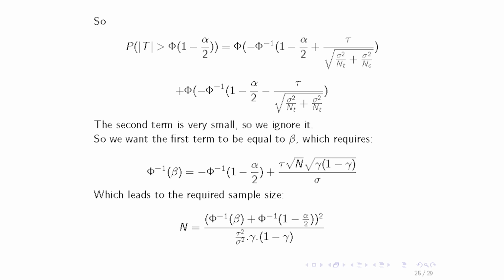And then this is just Phi of something equal to beta. So that means I can take Phi inverse of that to remove the Phi. So I have Phi inverse of beta equal to what's inside the argument of the Phi, which is what it is, plus this term rearranged as a function of gamma instead of N_T and N_C. And then this is just algebra, rearranging the terms because we are interested in n.